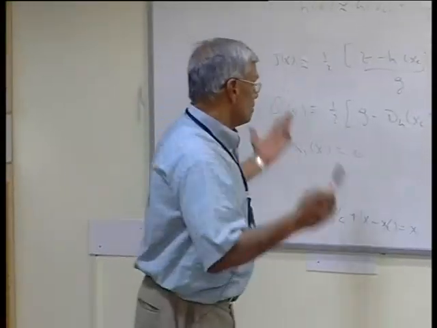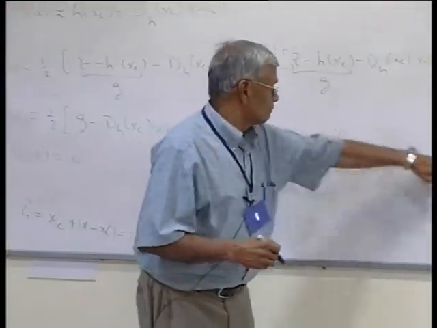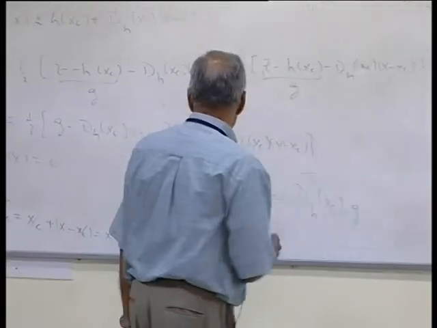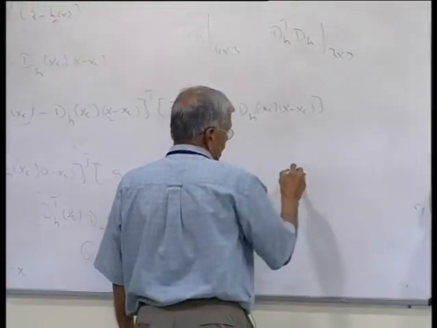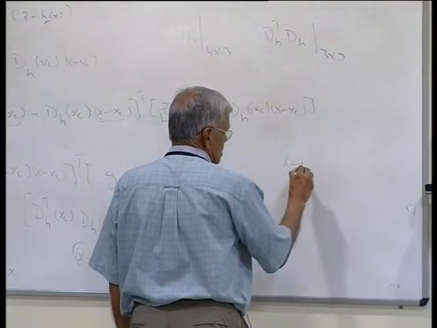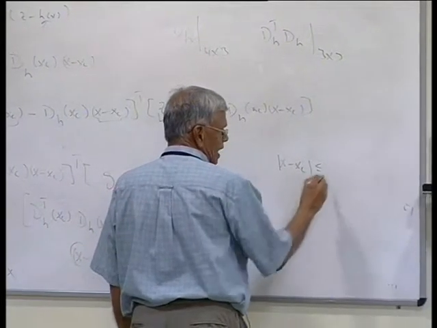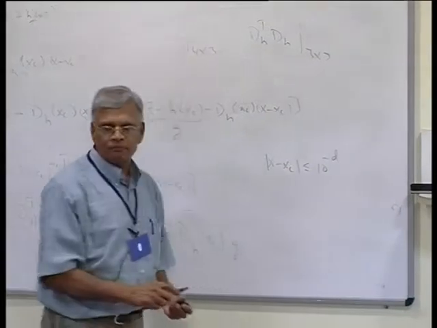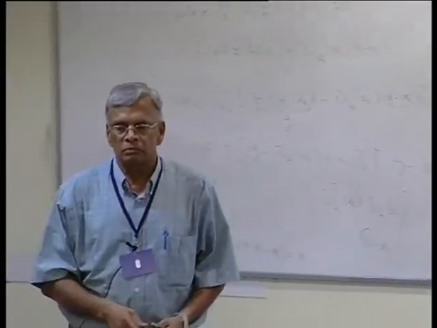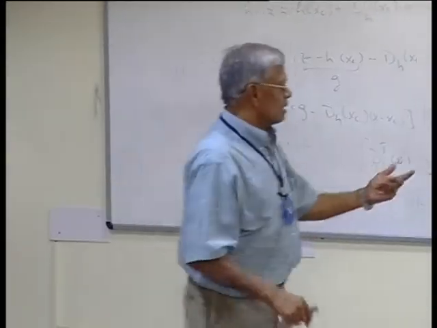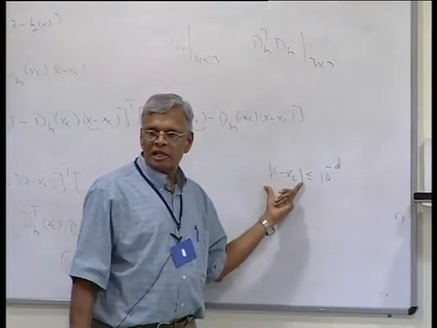Now, stopping criterion. There are a number of ways of doing this. If the absolute value of x minus xc is less than 10 to the power of minus d. So what does it mean? This is the absolute value of the increment, right?